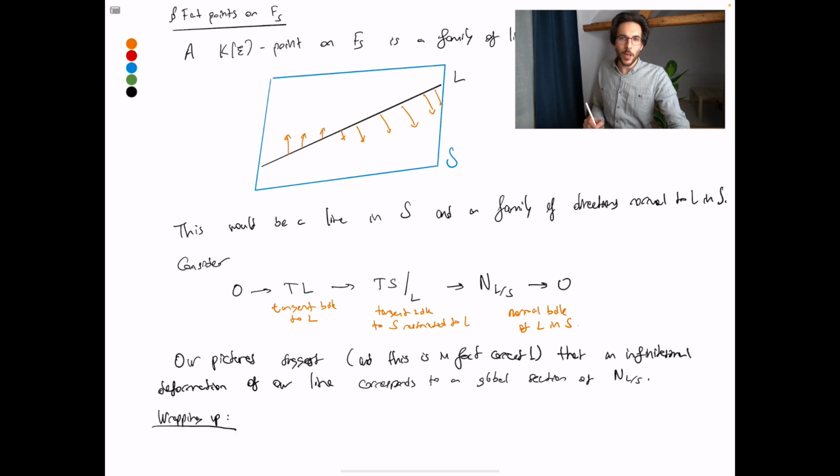Now if we were to wrap up all of these observations, we say that any fat point of Fs based at a line L inside of S would have to correspond to a global section of the normal bundle NLS.